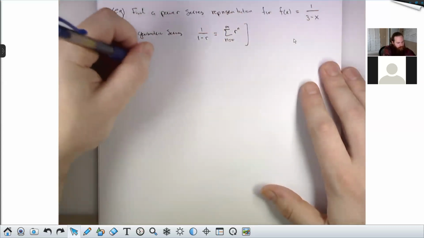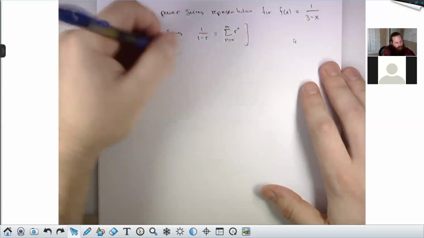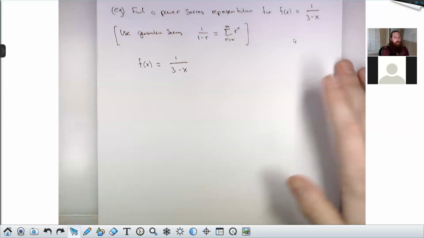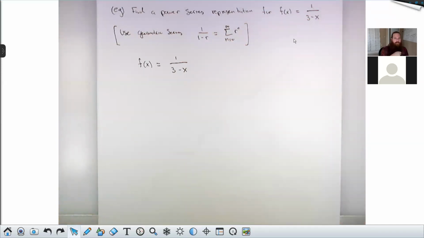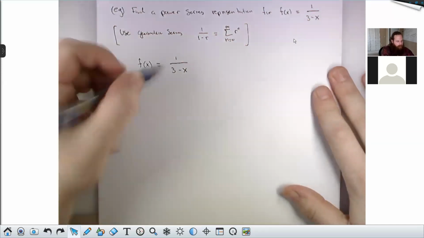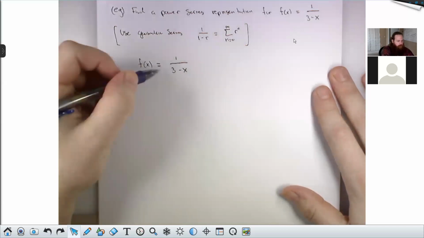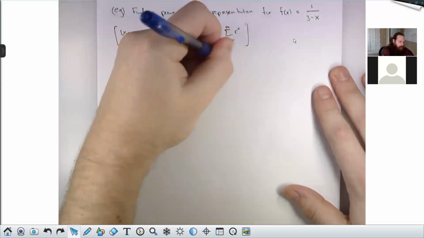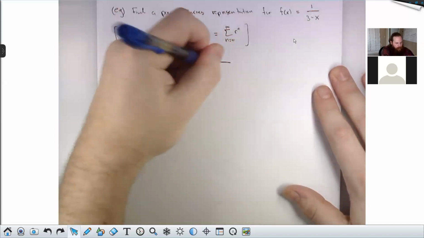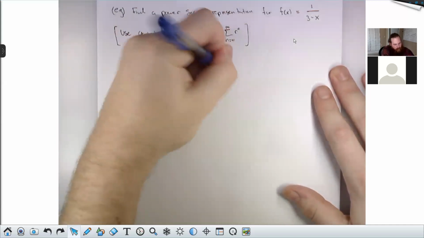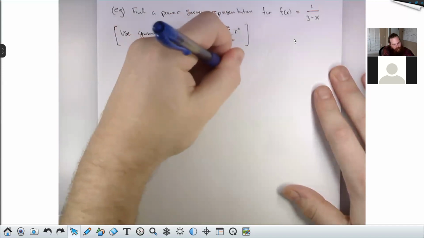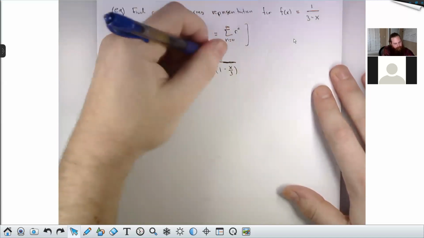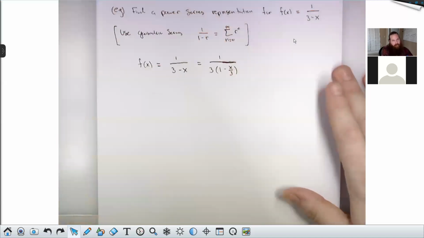f of x is 1 over 3 minus x. And if I want to write that as 1 over 1 minus something, I need to get rid of this 3. So I can factor a 3 out from the denominator. This is the same as 1 over 3 times 1 minus x over 3. Does everybody understand that algebra?